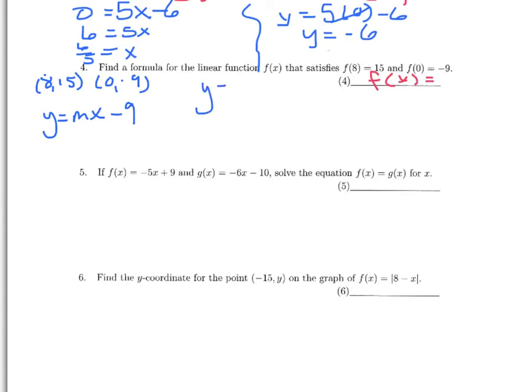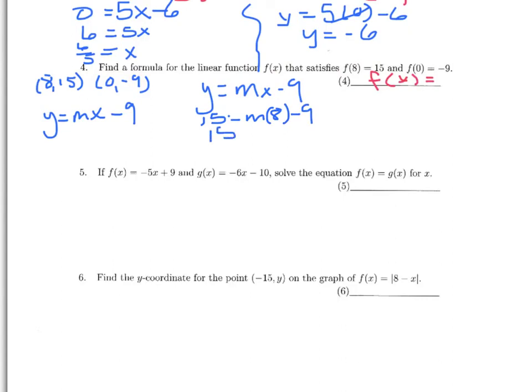Now we're going to use that and substitute in this point. The reason why we don't use this one is because x is 0, we'd put an x in, we'd lose the m, and that's what we still need. And so let's substitute 8 and 15. So we get 15 equals m times 8 minus 9.